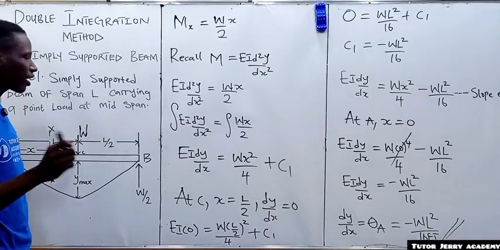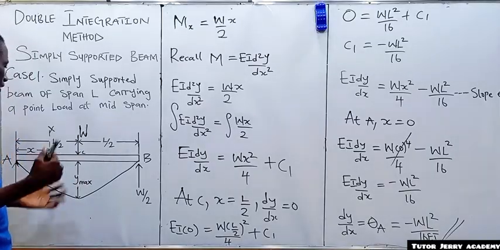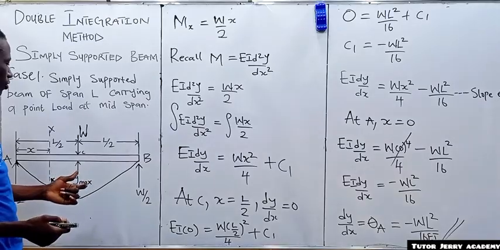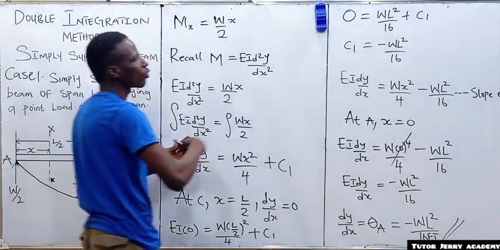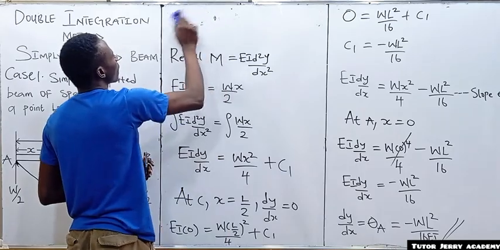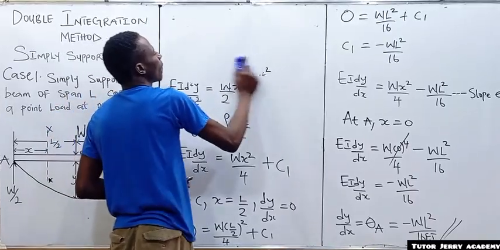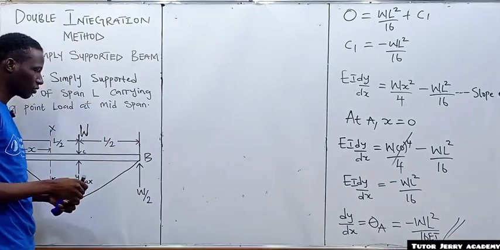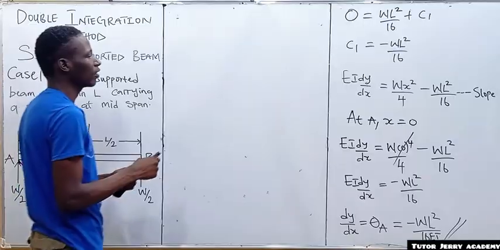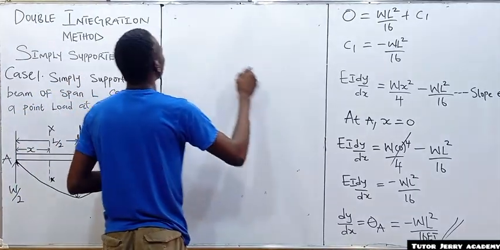All right. So next we are going to be looking for our deflection. How do we get our deflection? We are going to be integrating the slope equation. To get our maximum deflection, we are going to be integrating the slope equation.